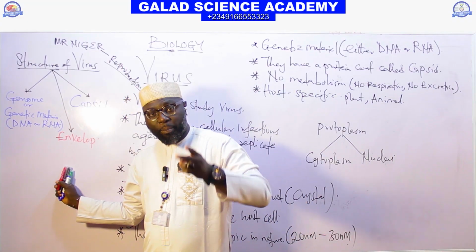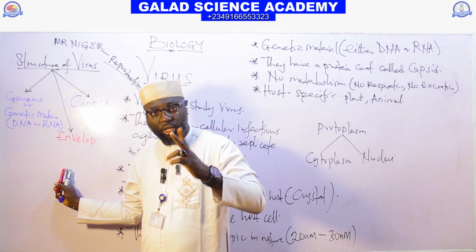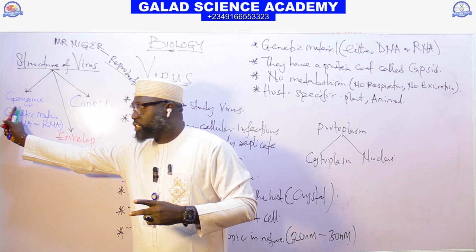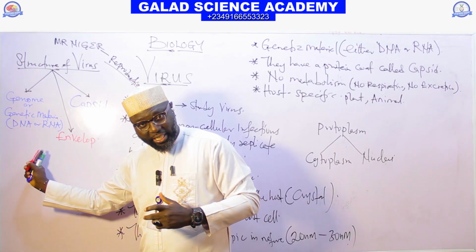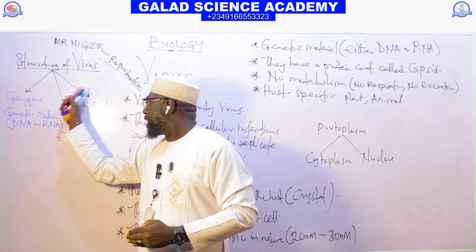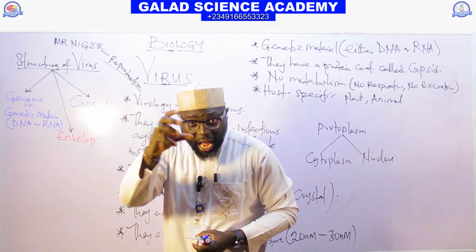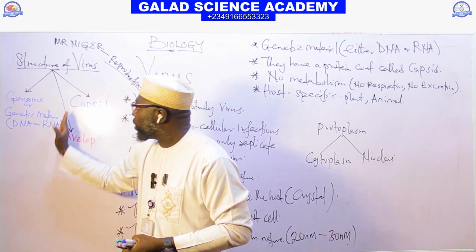Please note it. Basically, the structure of virus comprises of two things. The first one, we have genomes, which is genetic material that contains DNA or RNA. And then we have capsid, which is a protein coat layer that surrounds the genetic material in the virus.